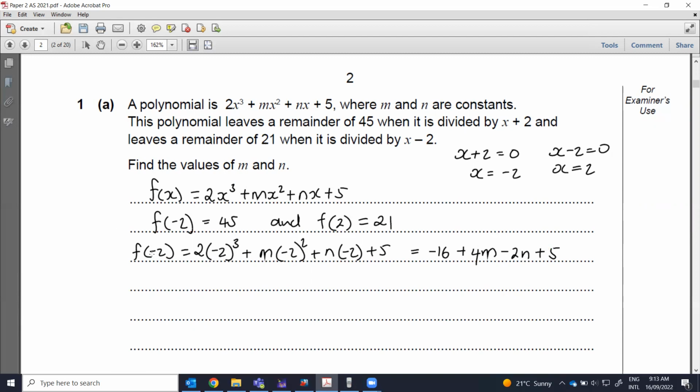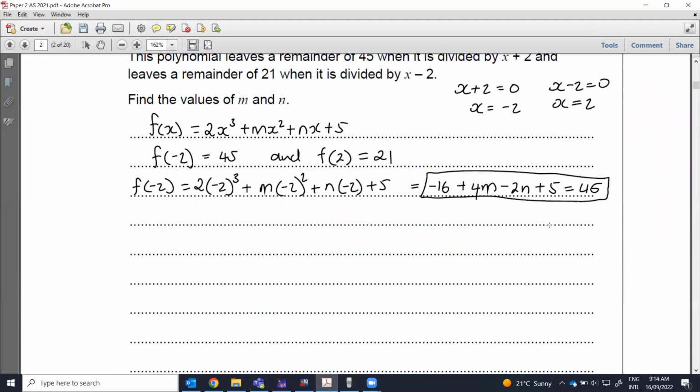And remember, f of minus 2 is equal to 45. So I'm going to focus on this part of my equation and then write my equation in terms of m and n. All right, so when I do that, minus 16 and 5, I can add them together. So minus 16 plus 5, that is minus 11.